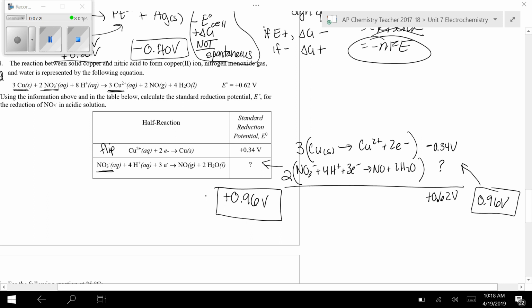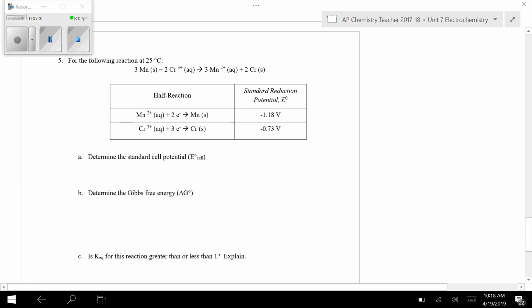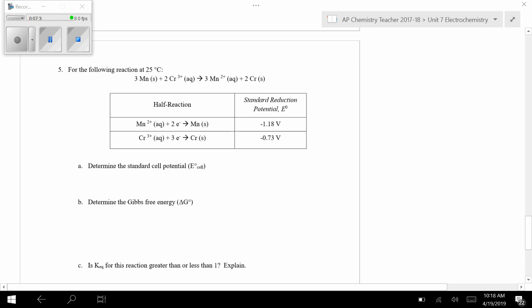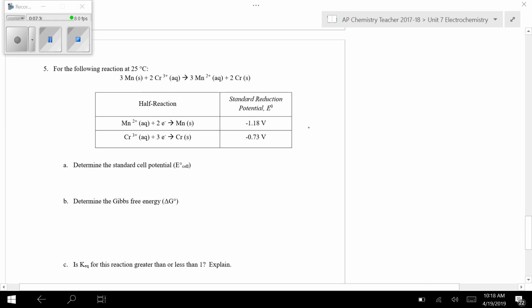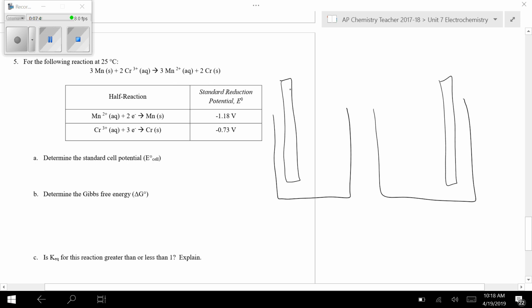Okay, cool. If you look at this last one, this is another Voltaic cell where you're given the half reactions and asked to figure out what the voltage is. So let's draw this out to remind ourselves what's going on in our Voltaic cell. We have a half cell on one side that's got solid manganese, and down here in the solution you've got some manganese ions, and you've also got some negative ions.